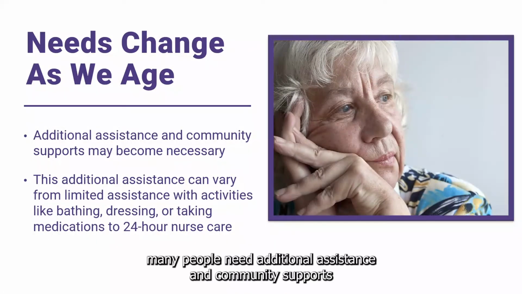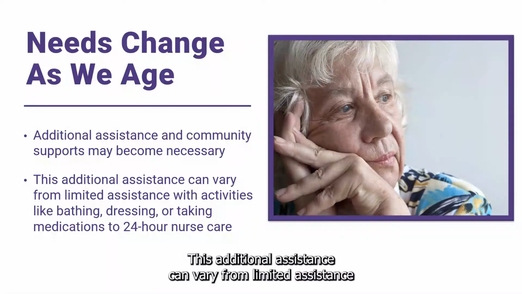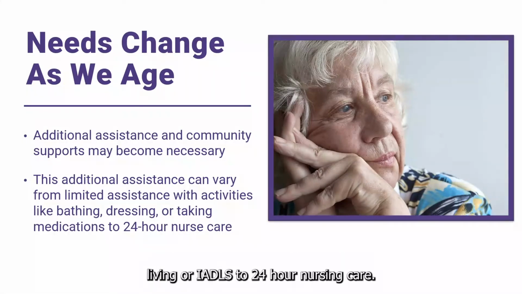As we age, many people need additional assistance and community supports to reside in the setting of their choice and maintain their independence. This additional assistance can vary from limited assistance with activities of daily living, or ADLs, and instrumental activities of daily living, or IADLs, to 24-hour nurse care.